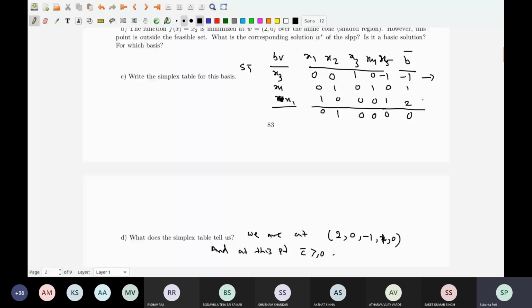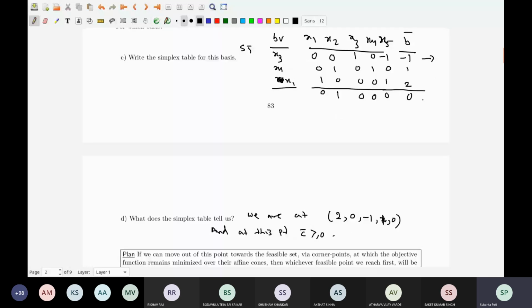So then you do the following. I will write it here. Turn it positive. So if you turn it positive, what you actually have is BV, x1, x2, x3, x4, x5, b bar. Make it positive.